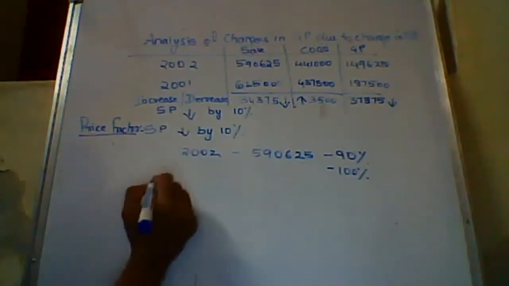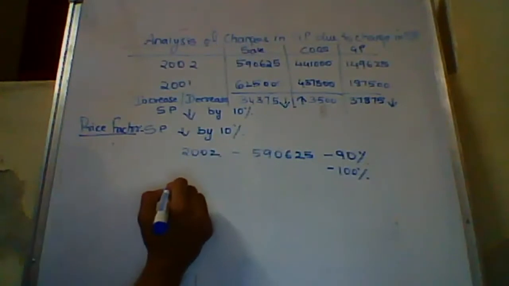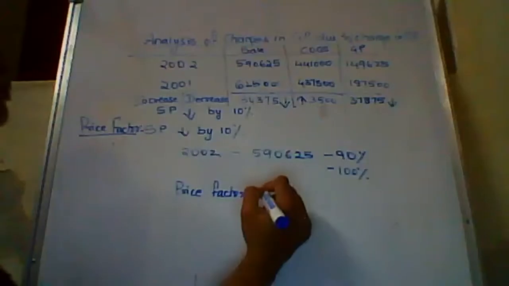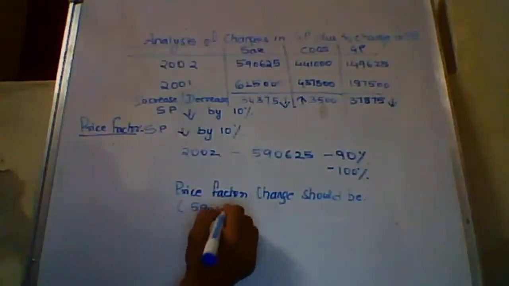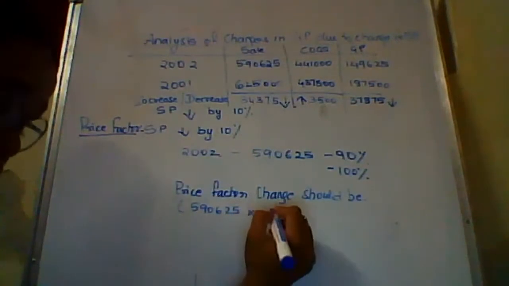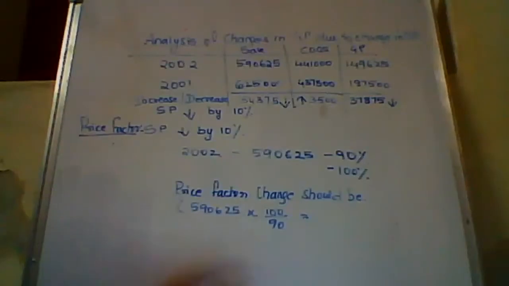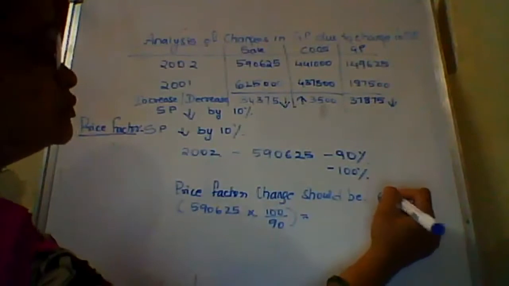So the price factor change should be 5,90,625 into 100 by 90. How much is it coming to? 6,56,250.